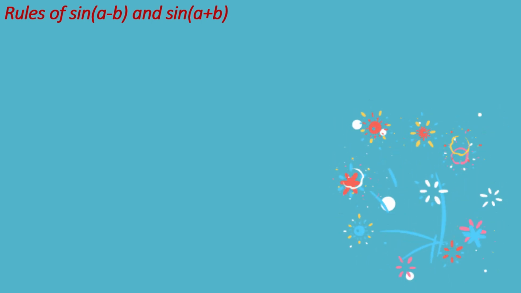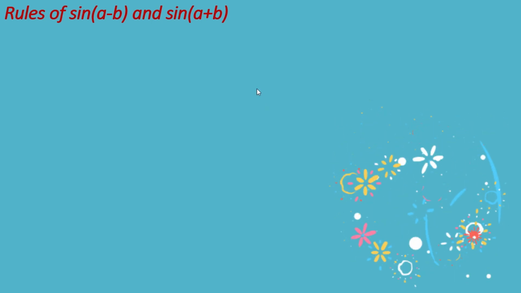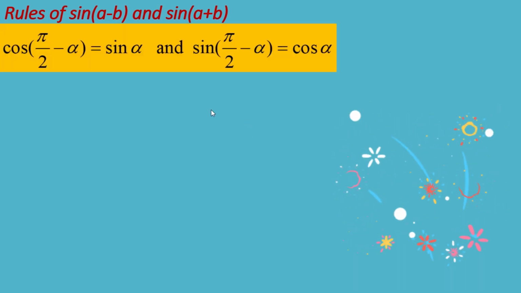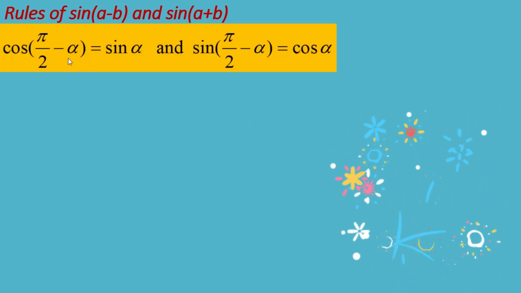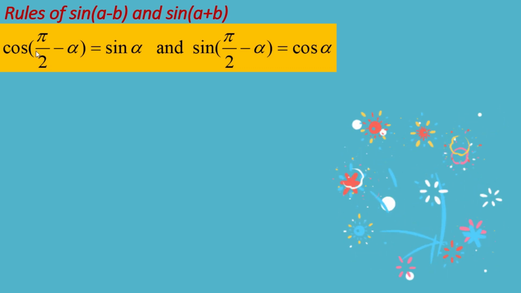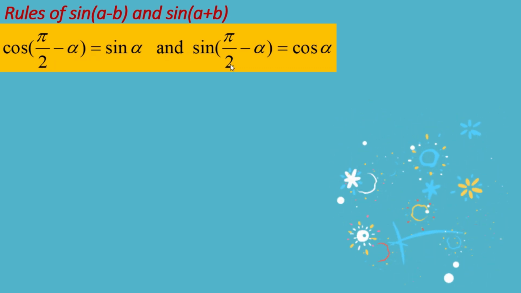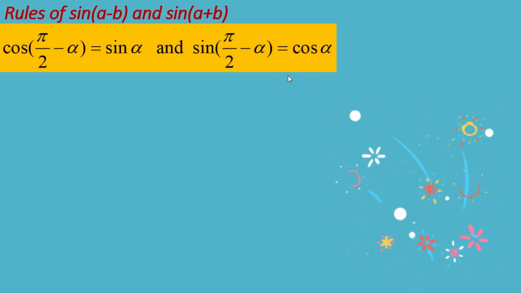If we have minus, we have a plus on the other side. Remember that cosine pi by 2 minus alpha equals sine alpha, and sine pi by 2 minus alpha equals cosine alpha.